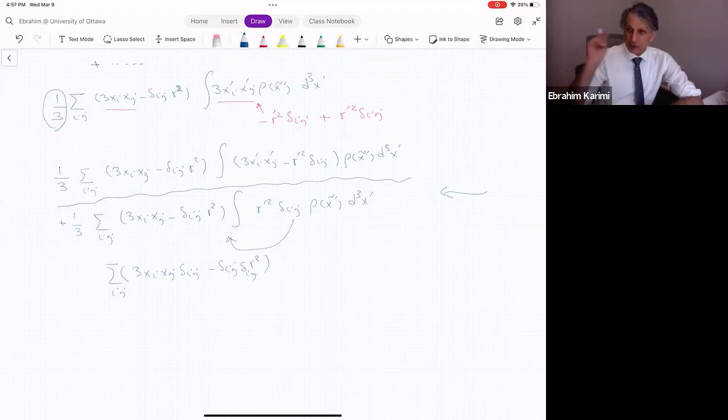So two summations are there, on i and on j. Whenever i is not equal to j, all of those terms are 0 because of the delta_ij. When i is equal to j, then that term becomes r^2, and that term becomes 3x_i^2. And still there is a summation here which is remaining. Do you agree?